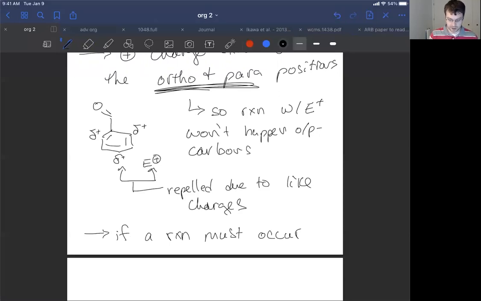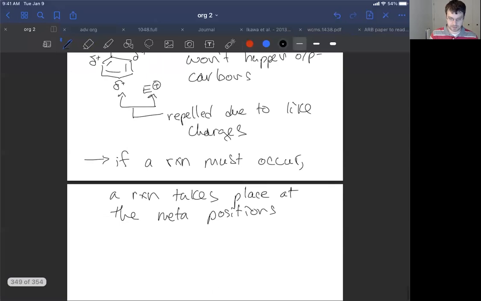But if a reaction must occur, a reaction will take place at the meta positions. So the reaction will take place at the meta positions, okay? Now, I just want to keep emphasizing, this is if a reaction has to occur.